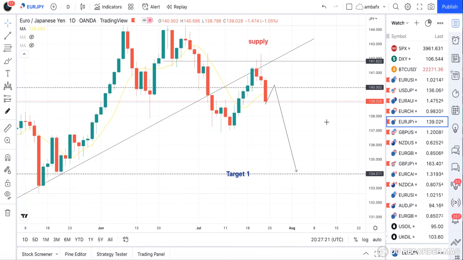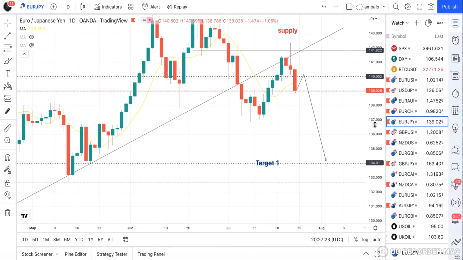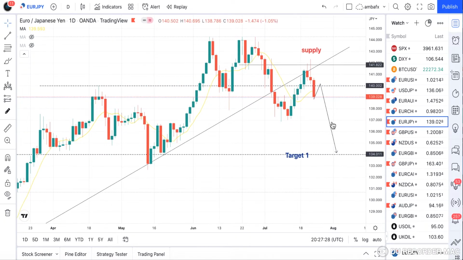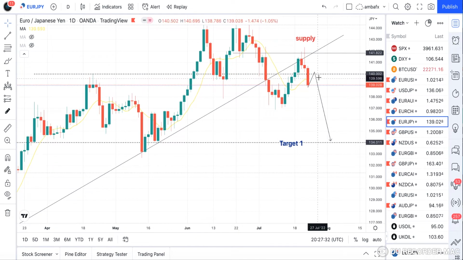This is very bad news for the euro currency, which tells us that we might have a decline of the euro for the next couple of weeks. So any retracement we see to the upside like this is an opportunity for us to look for shorts, and this is our target on Euro JPY.